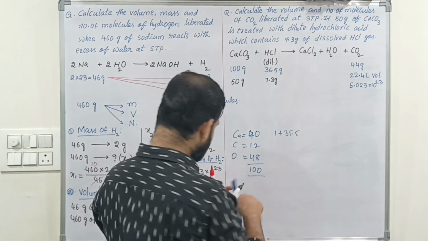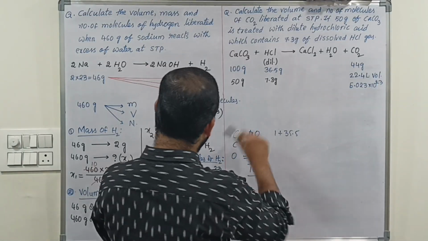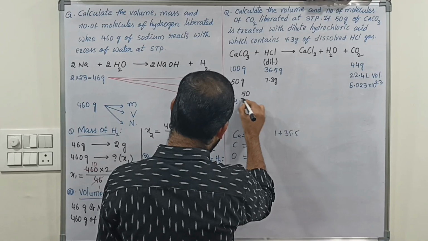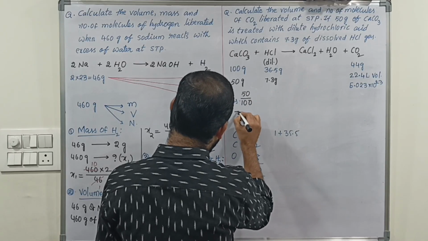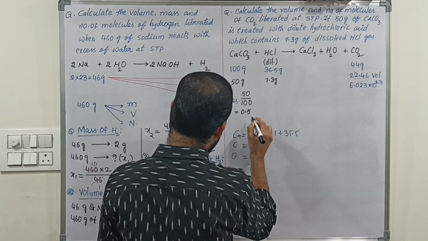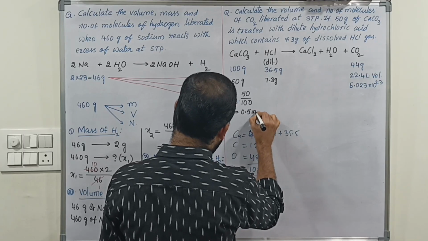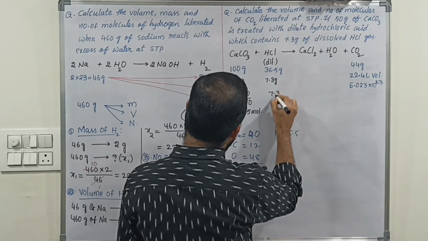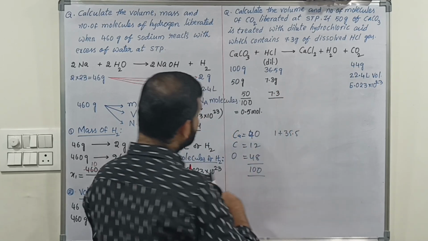Number of moles is given weight by gram molecular weight. So 50 by 100 is 0.5 mole.